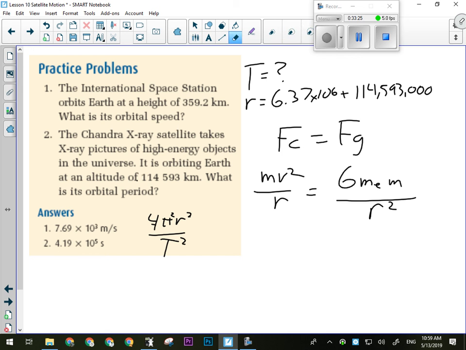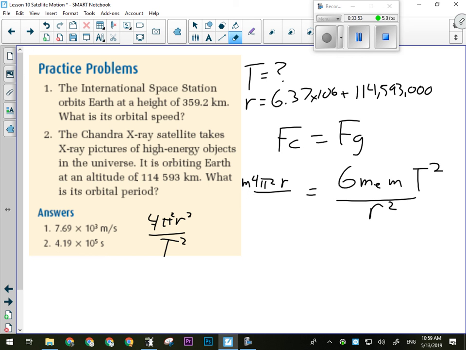So I'm going to punch that into this formula like so. M times 4 pi squared r squared over t squared. So that is going to get rid of this r and that squared. And now I've substituted that formula in. Now I need to solve for t. So I'm going to multiply both sides by t so that it's on the top. Actually by t squared, because it's squared in this formula.